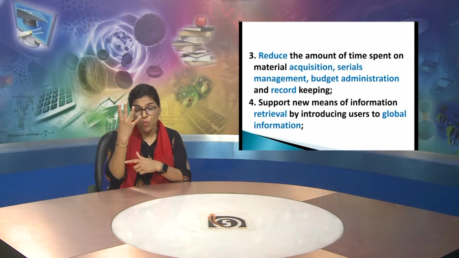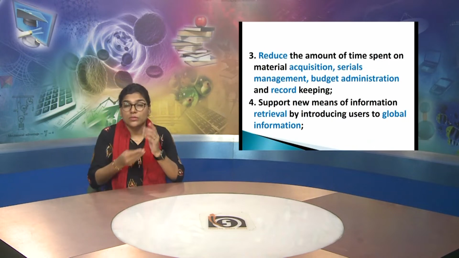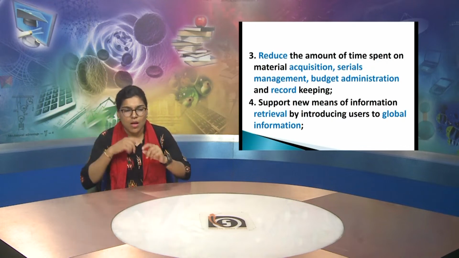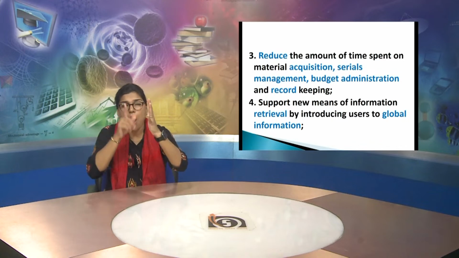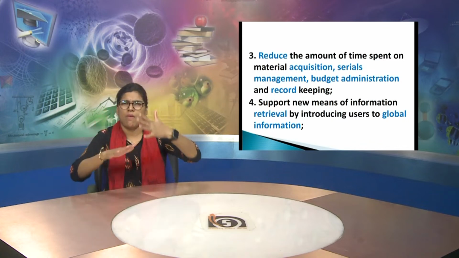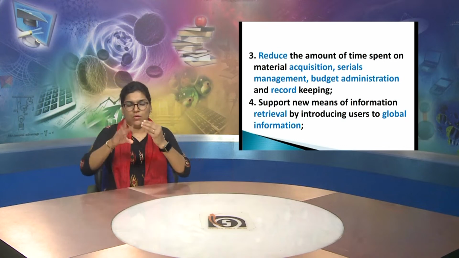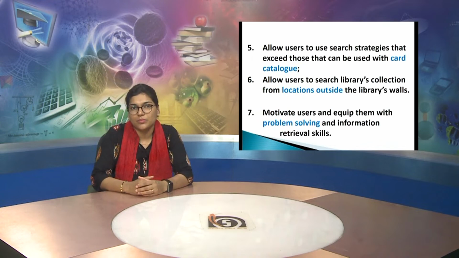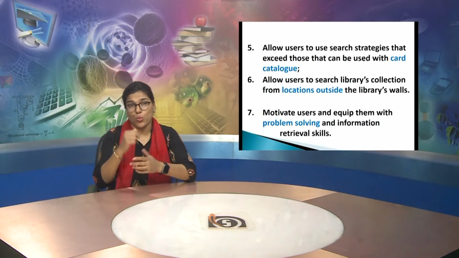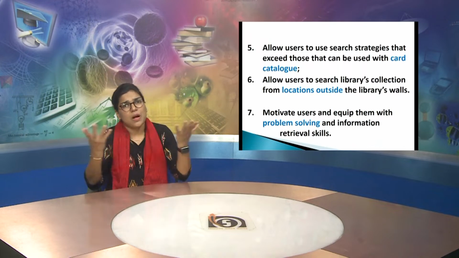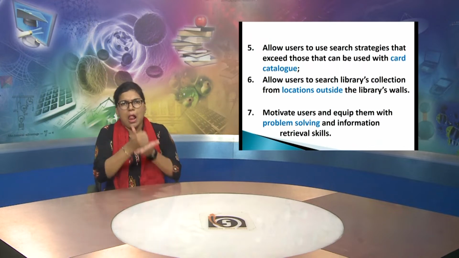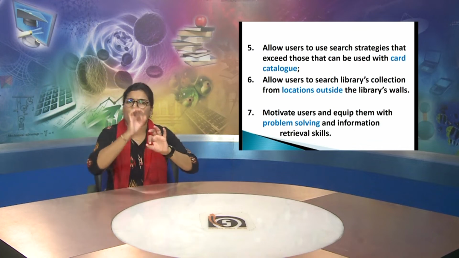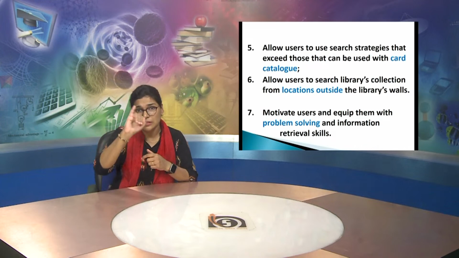Point number 4 explains that library automation supports new means of information retrieval by introducing users to global information. Point number 5, the automated library system allows users to use search strategies that exceed those that can be used with a card catalog.